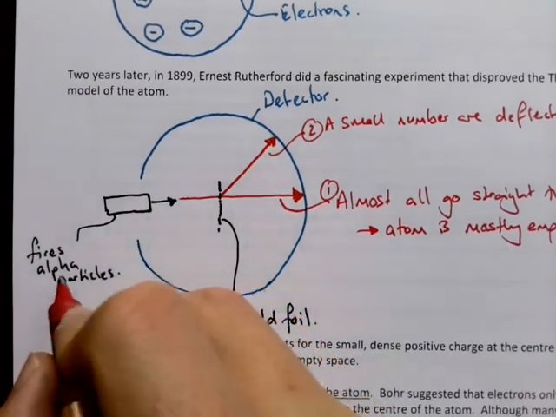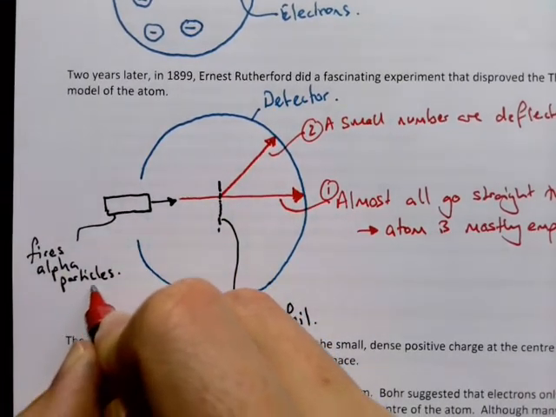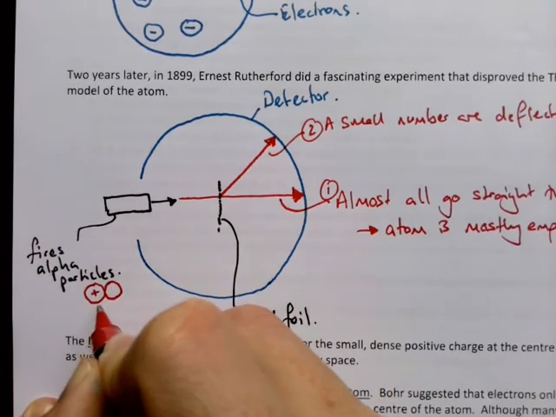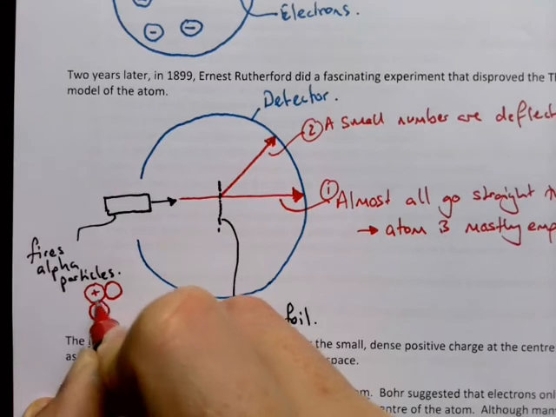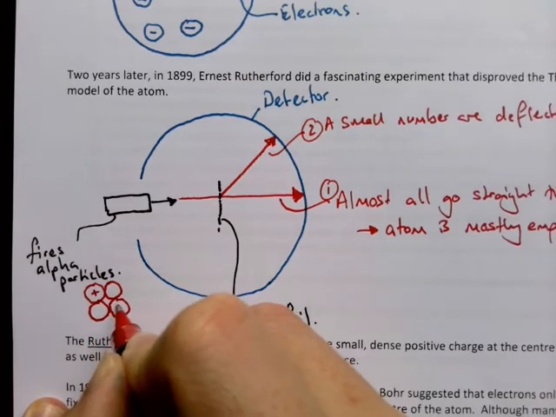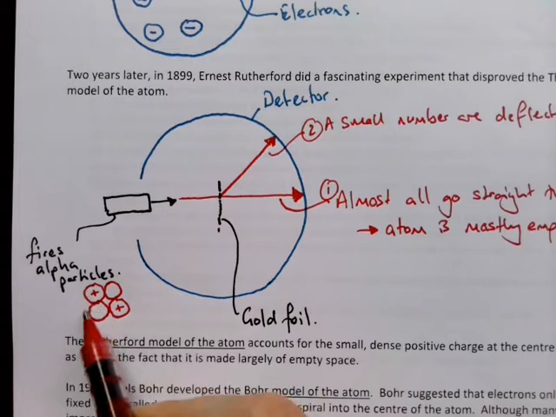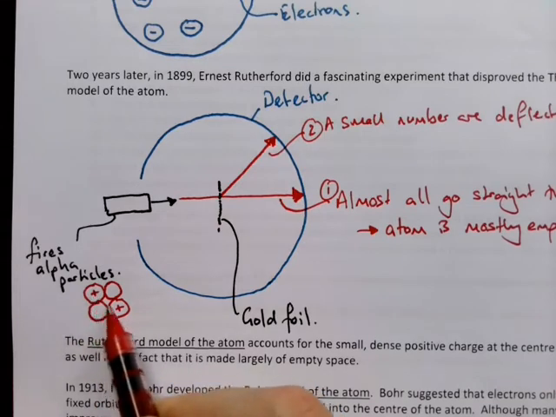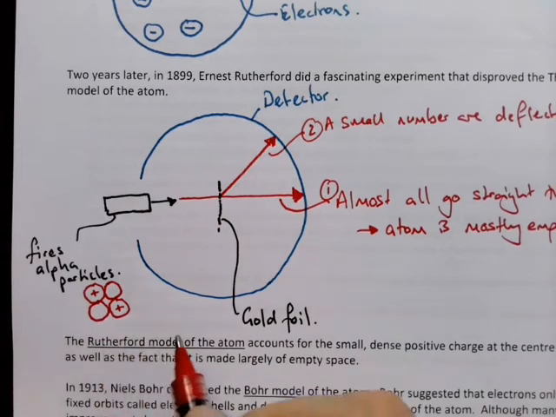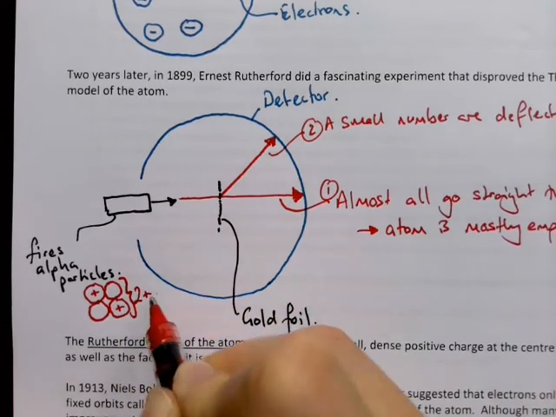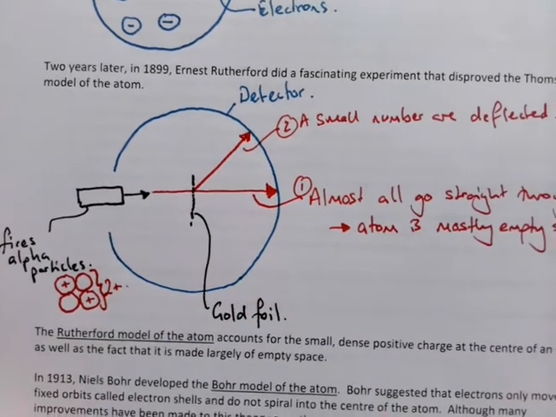An alpha particle is a proton, a neutron, another neutron, and another proton. It's actually the nucleus of a helium atom, but you don't need to worry about that. It's just 2 protons and 2 neutrons stuck together, which means that the overall charge is +2.